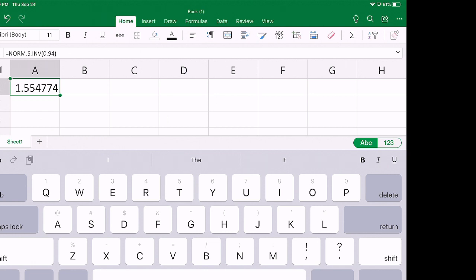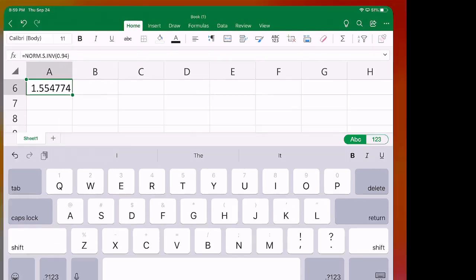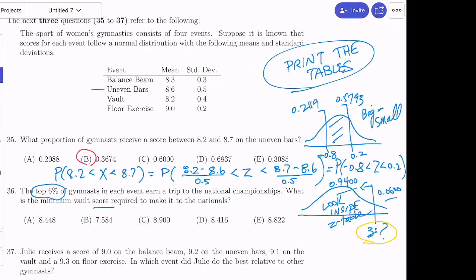Okay, you guys are good. So going back to the problem, I'm going to say z is equal to 1.555. And that was step 1. I call that step 1. And then step 2 is x equals z standard deviations from the mean, and I fill it all in.